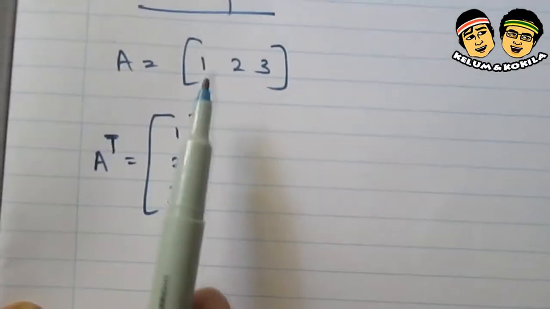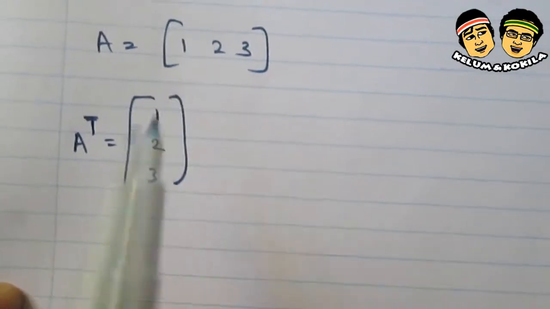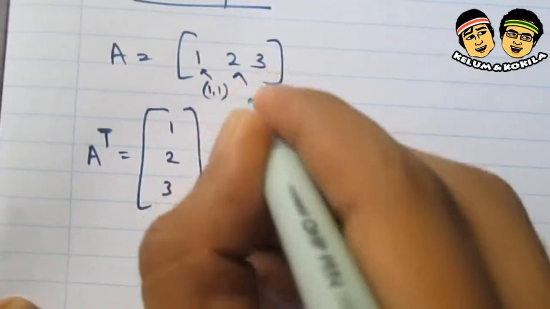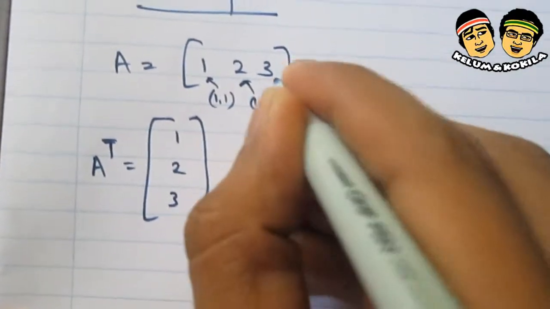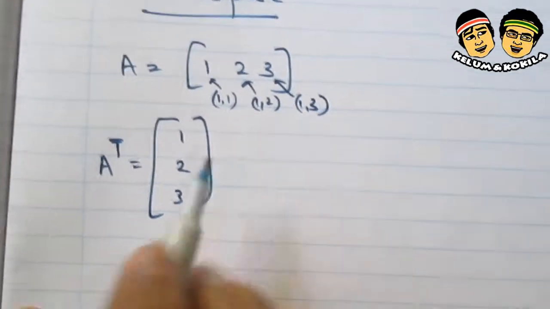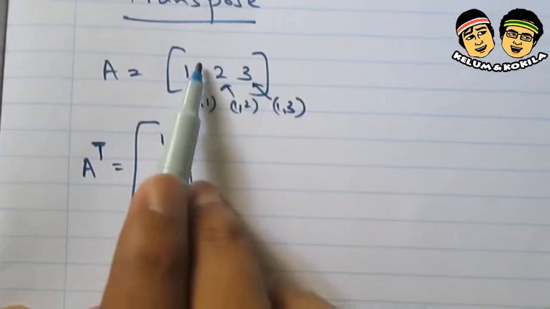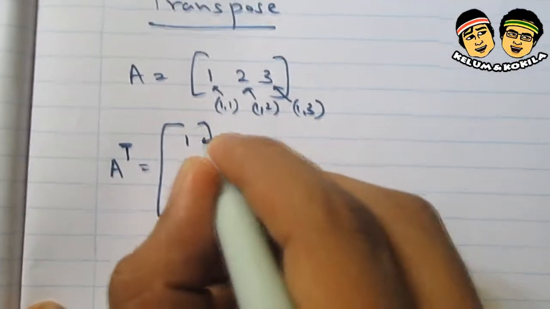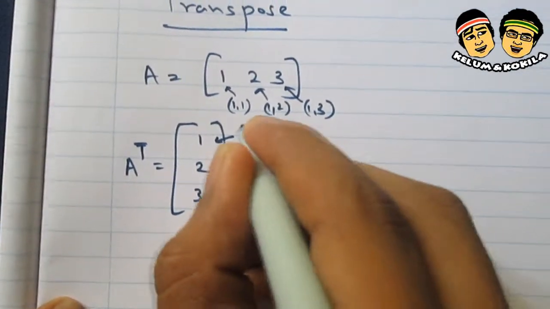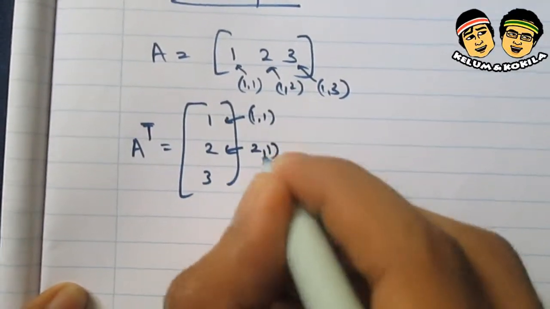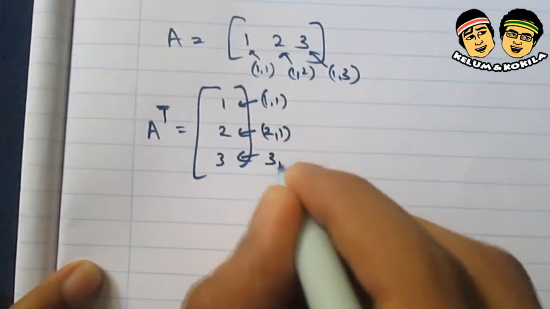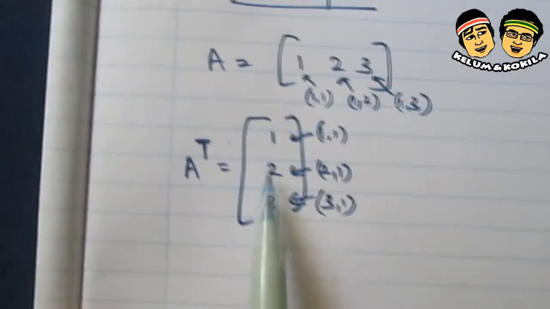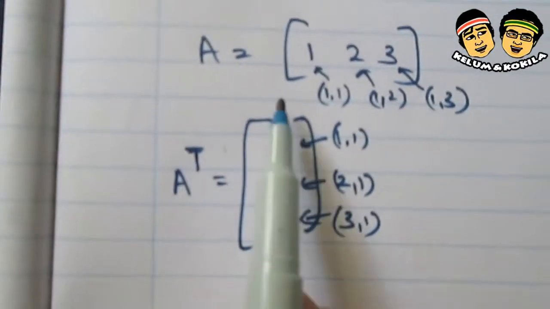So if you can see this here, this particular position is 1,1, this position is 1,2, and this position is 1,3. So there's only one row and 3 columns, but in the transpose this position is 1,1, but this one is 2,1, and this is 3,1. So there are 3 rows and only 1 column.